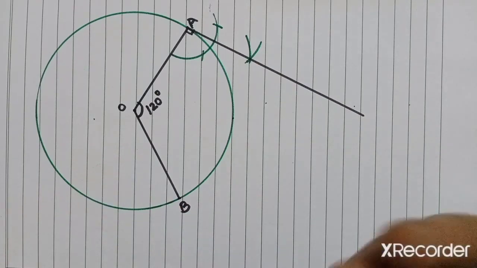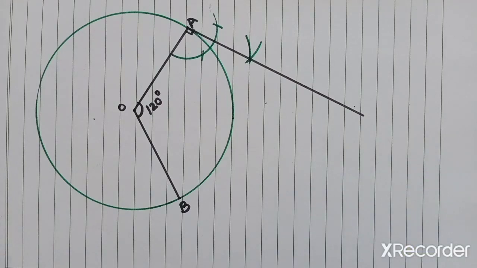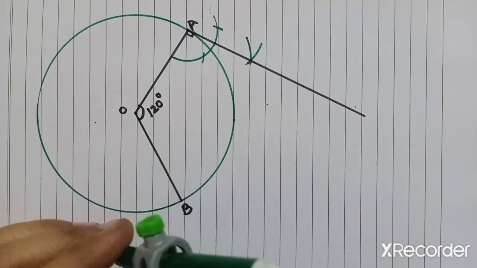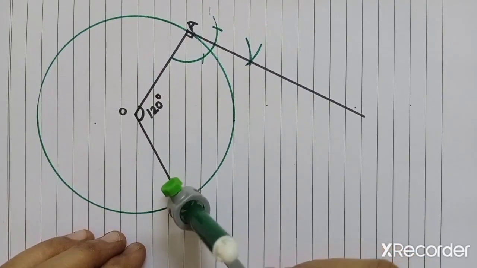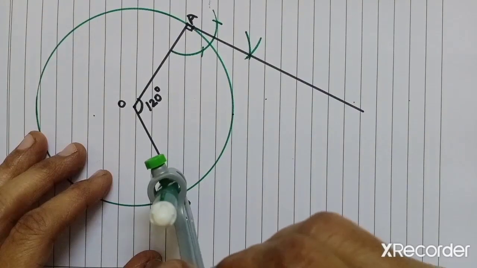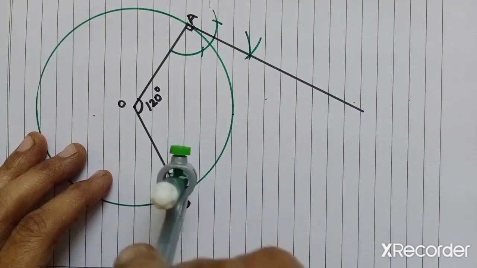So again you take some suitable distance in the compass. Keep the pointer here. Draw an arc.